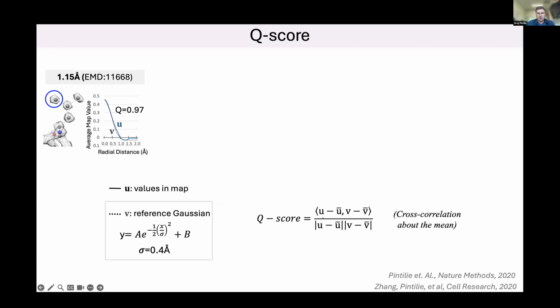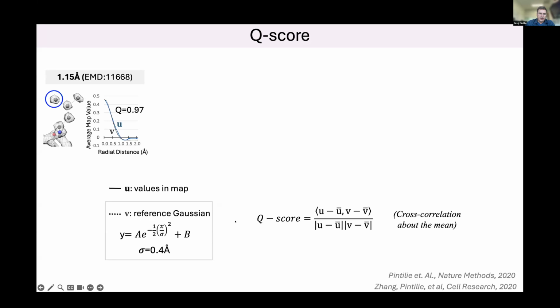So the Q-score is basically a cross correlation between the map values that you see in your map and values calculated using this reference Gaussian function. You'll notice there are two parameters in the reference Gaussian, A and B. I won't get too much into them, but we played around with values and came up with reasonable values calculated based on the map values in your map.